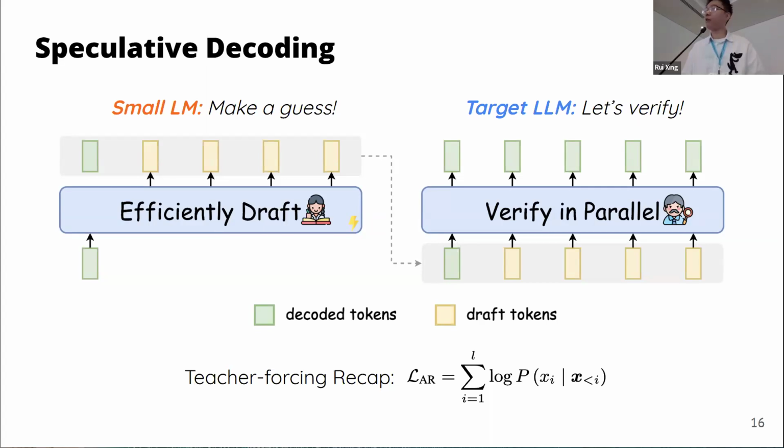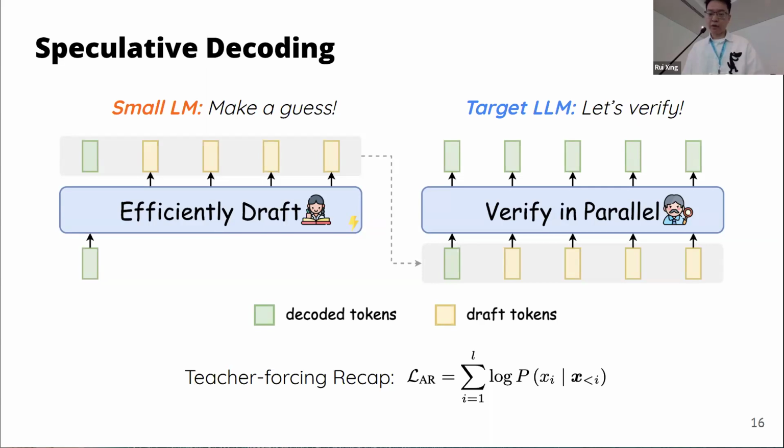And if we get very lucky, if multiple draft tokens pass the verification, it means that we can get multiple tokens decoded in a single forward pass of the target large language model, or a single decoding step, so that we can accelerate the inference process by 4 times in this example. If the draft process is very efficient, we can ignore its latency.